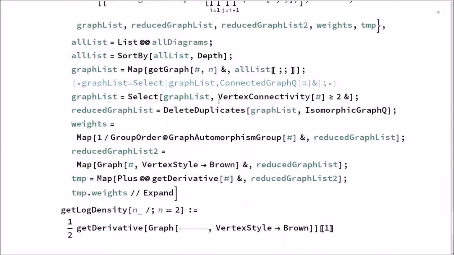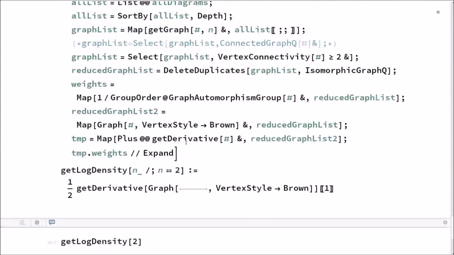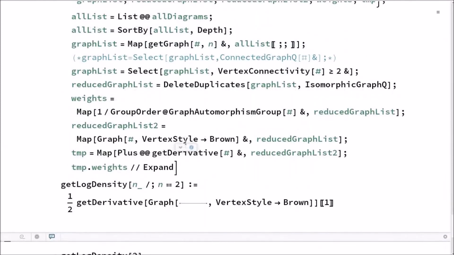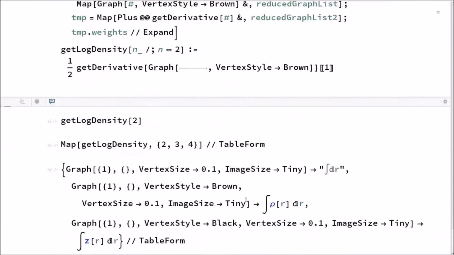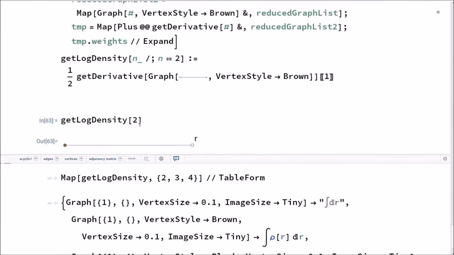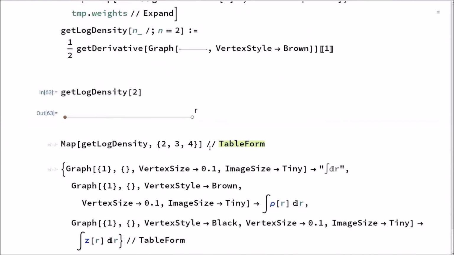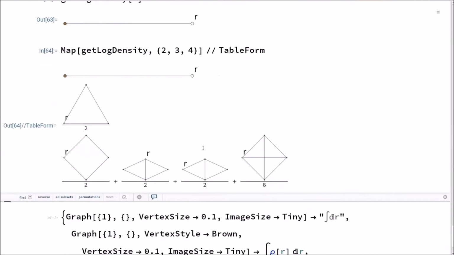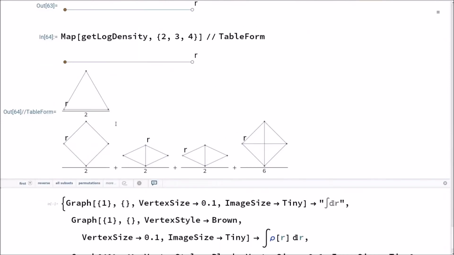So the only limit is the computation time, so it becomes quite heavy for higher orders, but in principle we can do this for all orders. And the first contribution here is the second diagram, and this is this diagram. And we can go up to 4 or even 5, it's no problem.